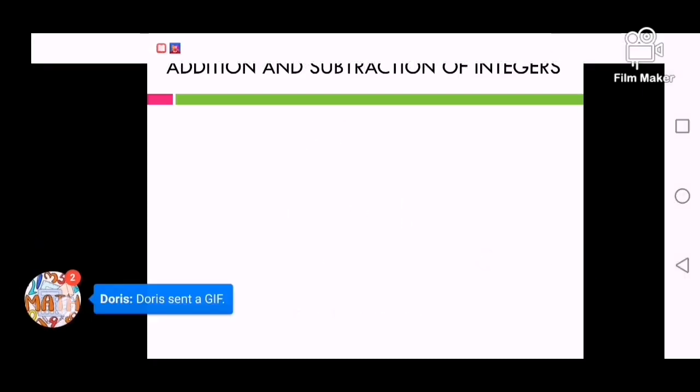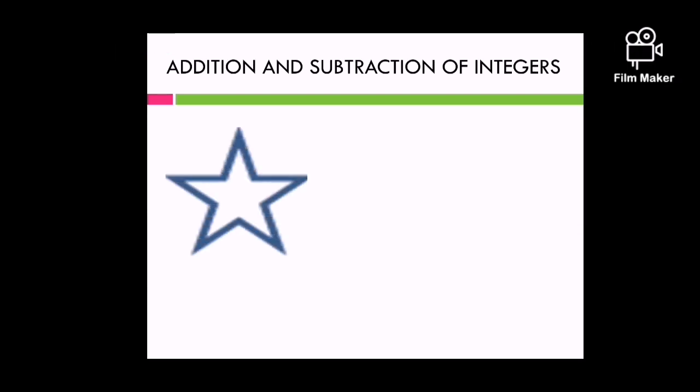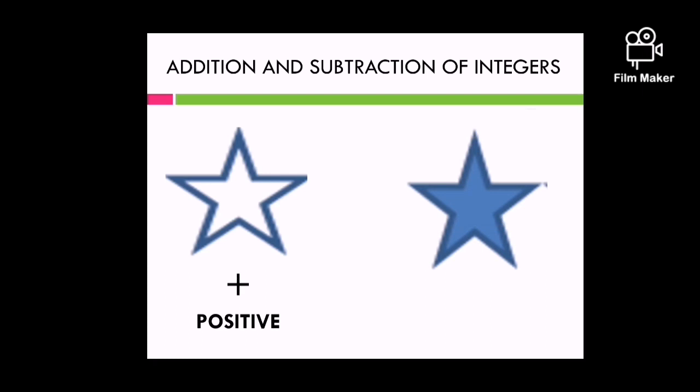Let us move on to addition and subtraction of integers. So let the white star represent positive integers, and the blue star represent negative integers.